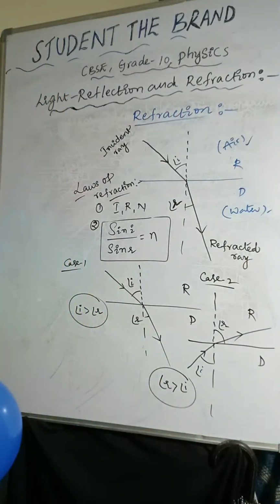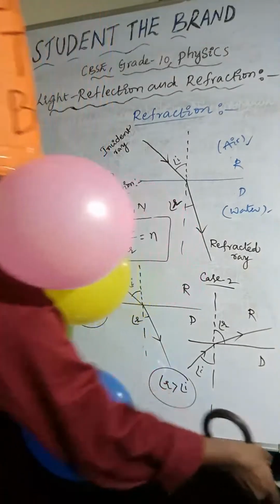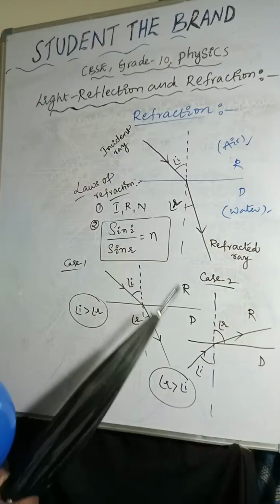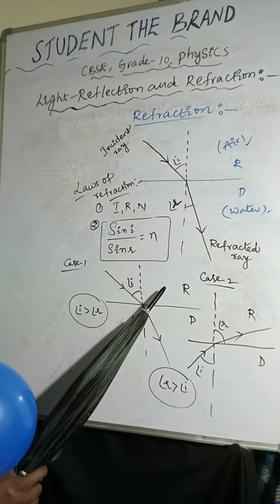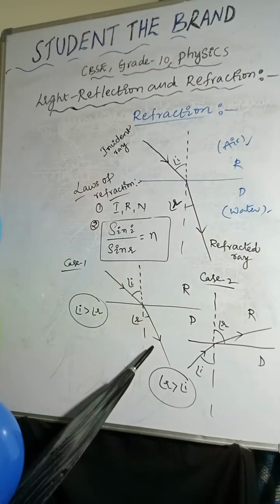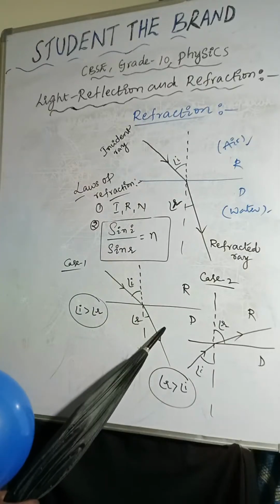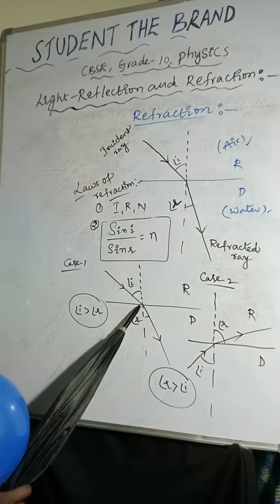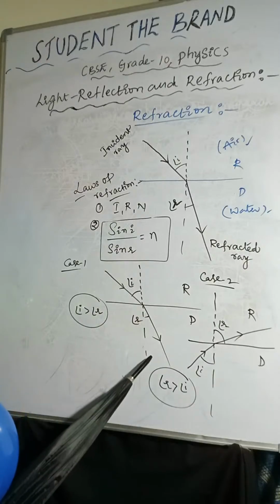Why? If you observe carefully, the light ray is moving from rarer to denser, which means the speed of light is changing. The speed of light decreases in the denser medium, and that is the reason the light ray bends towards the normal line.